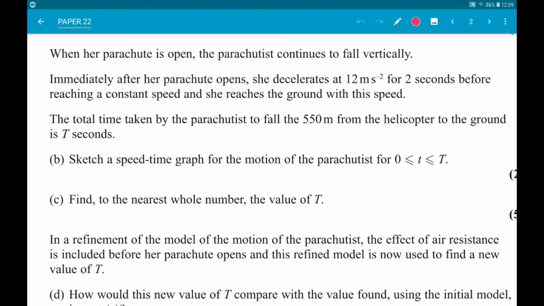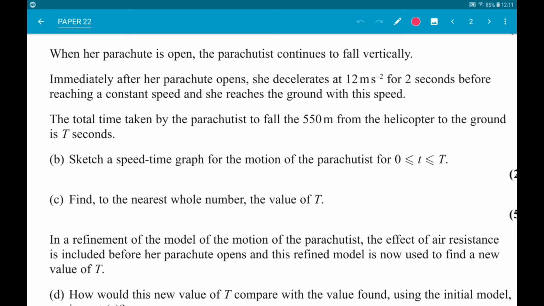When the parachute is open, she continues to fall vertically. Immediately after the parachute opens, she decelerates by 12 meters per second squared for 2 seconds. She then reaches a constant speed and reaches the ground with this speed.